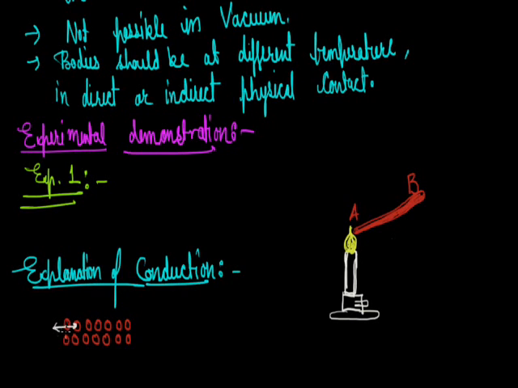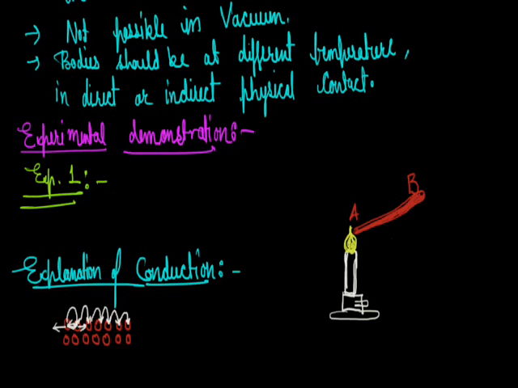Okay, and by getting the energy from this molecule, the neighbor molecule also starts vibration. Thus, through these vibrations, the energy is transferred from one molecule to another and so on. And by this process, the whole solid becomes hot.